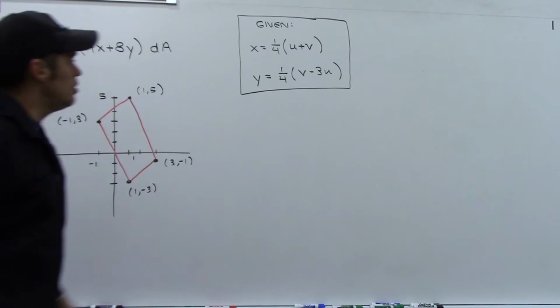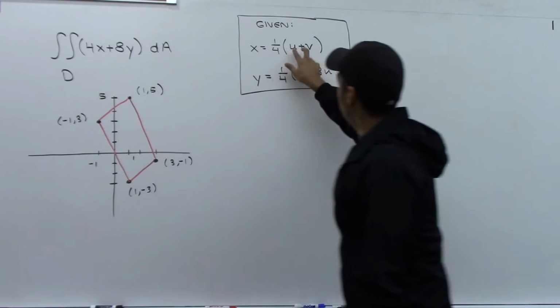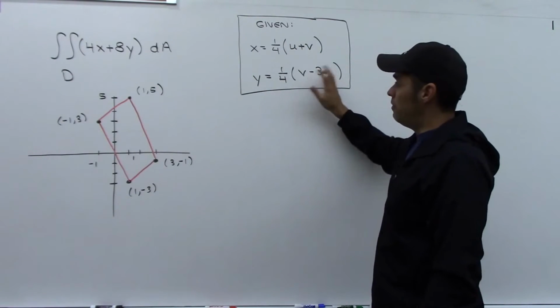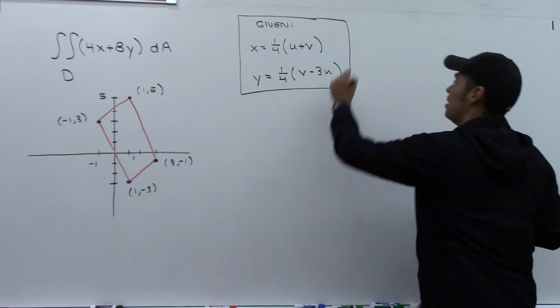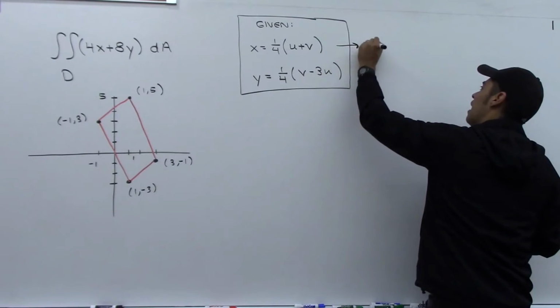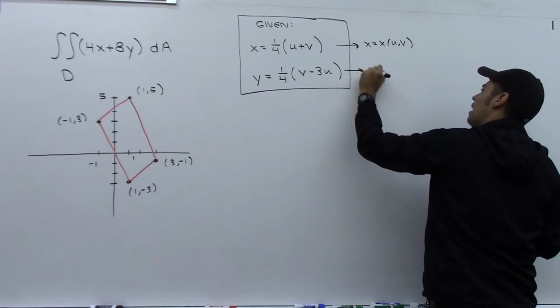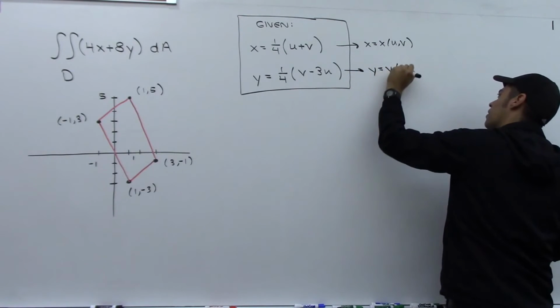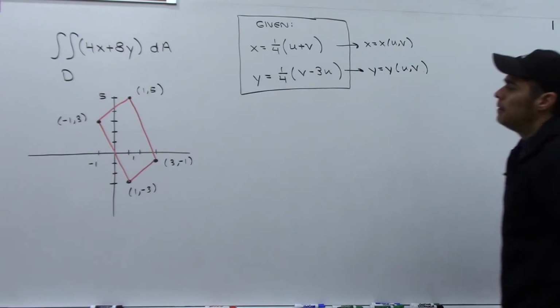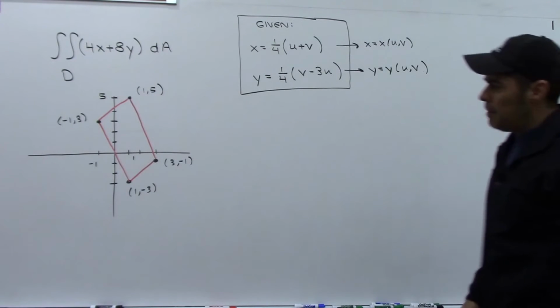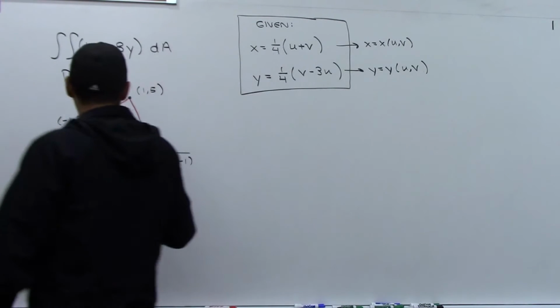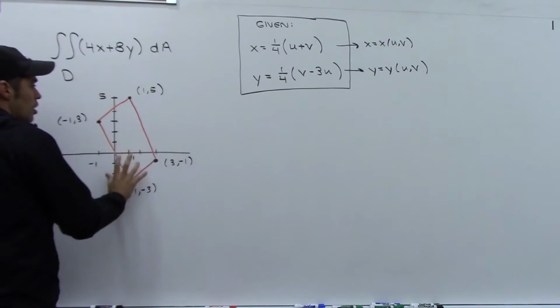I also want you to notice that x here is a function of u and v, and y here is a function of u and v also. So this is my x, now some function of u and v, and this is now my y, some function of u and v. All right. Going back over here, we want to know, where does this region go?